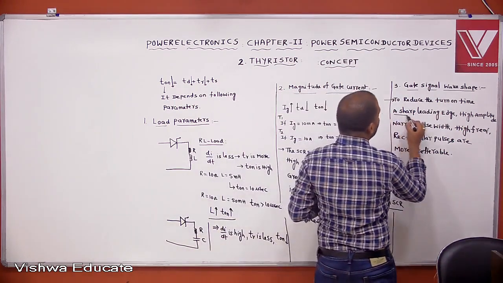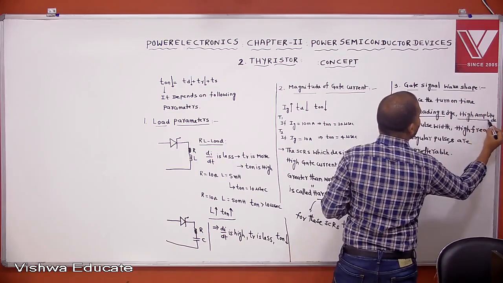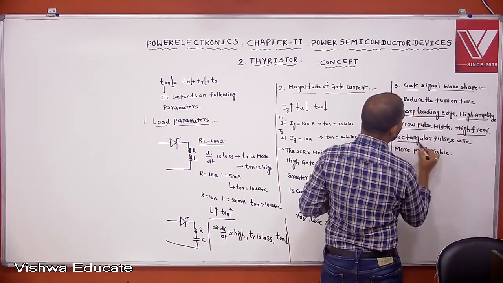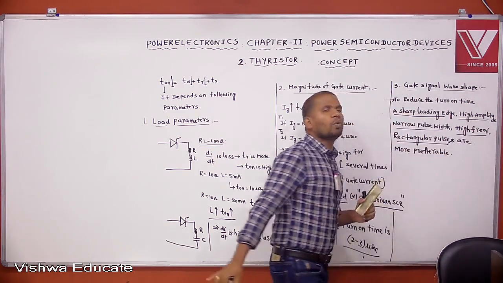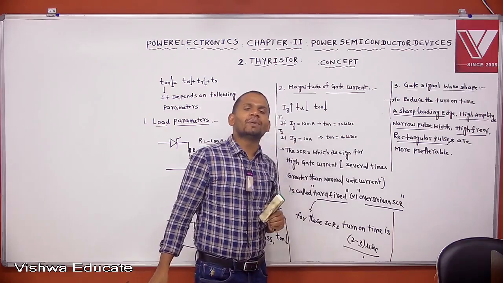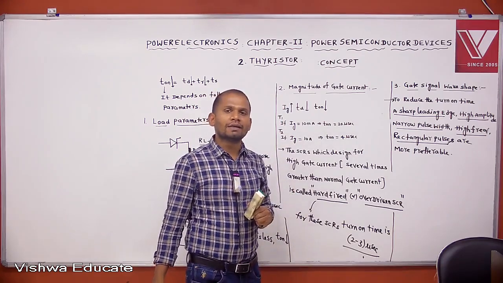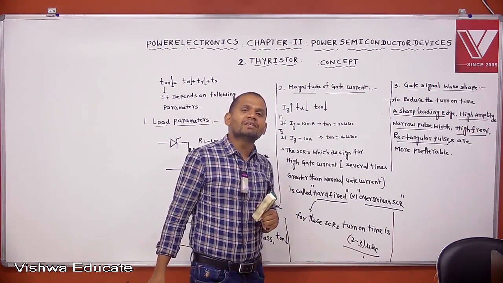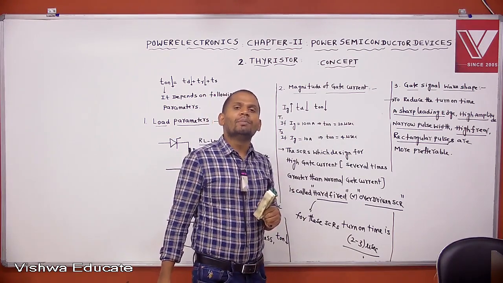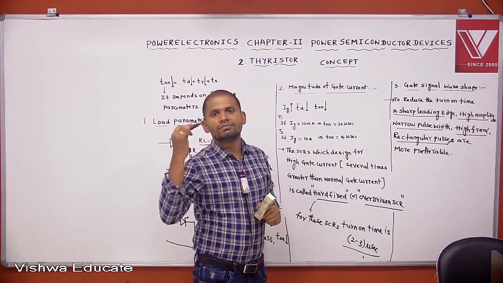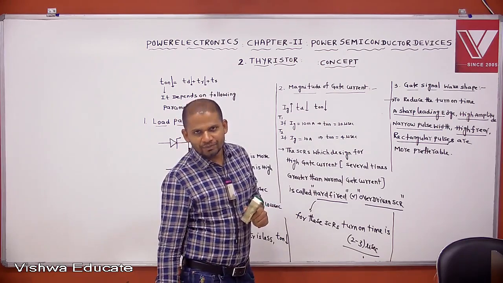Why do you select this type of pulses? To reduce the turn on time. These high frequency pulses have high amplitude, and because of that high amplitude of gate current, the turn on time will be reduced.